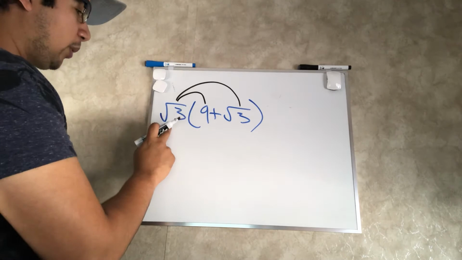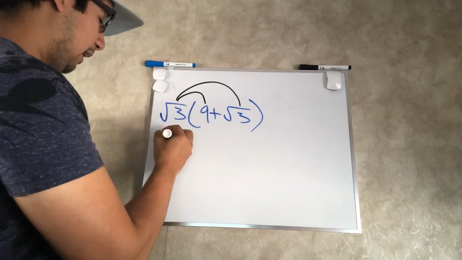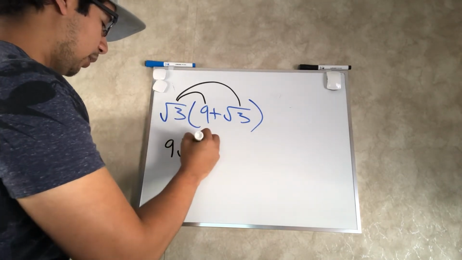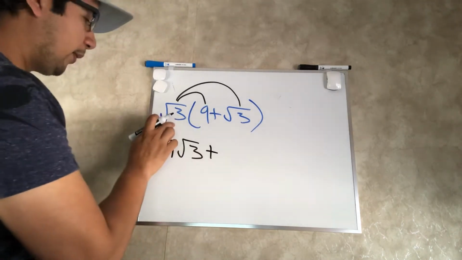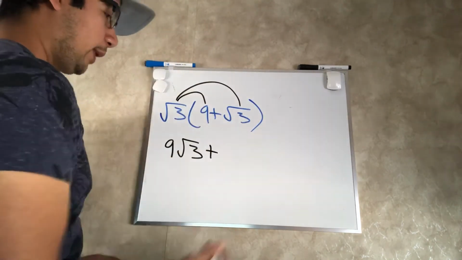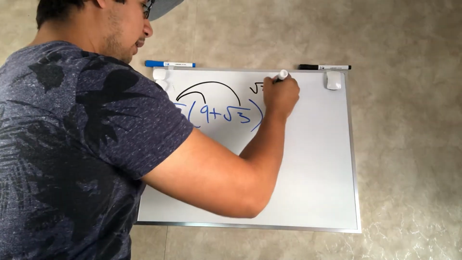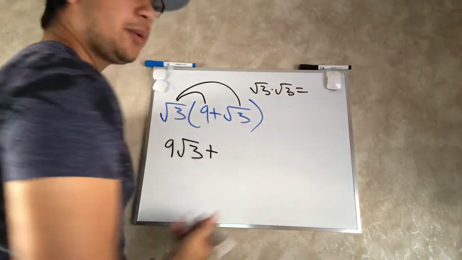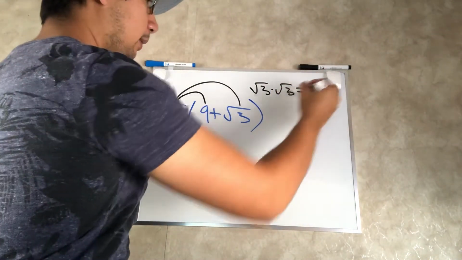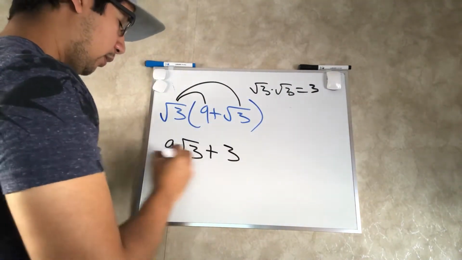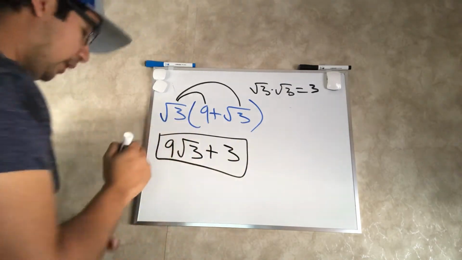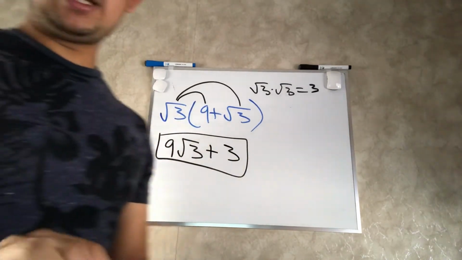Square root of 3 times 9 just stays as 9 times the square root of 3, plus square root of 3 times square root of 3. That's one of the properties, so that equals 3. And that is going to be your answer. Easy peasy lemon squeezy.